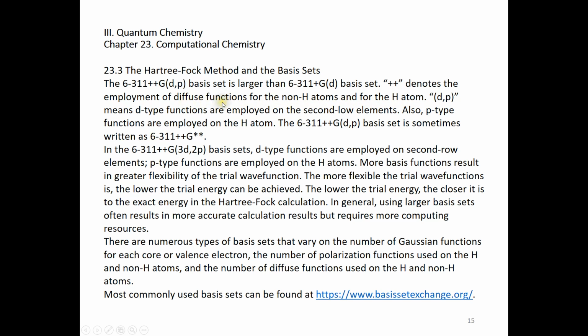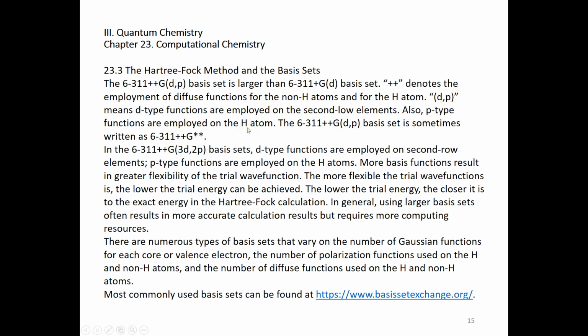Alright, diffuse functions have really wide distribution. They're used to describe loosely bound electrons. For example, if you have anions, if you have excited states in which electrons are loosely bound, then we need to use diffuse functions. Now here, D and P over here, that means D-type functions for non-hydrogen elements like carbon, nitrogen, oxygen, fluorine. And then P-type functions for hydrogen.